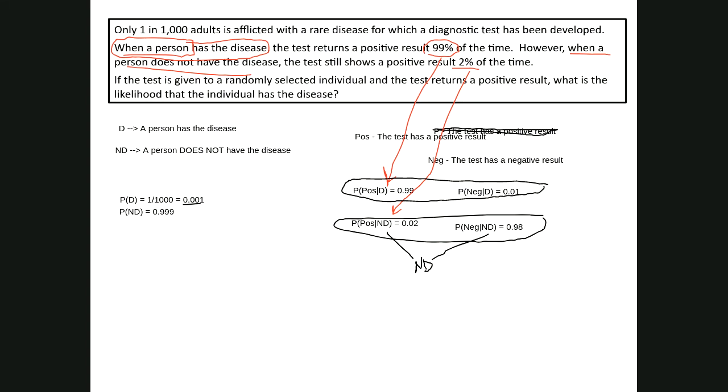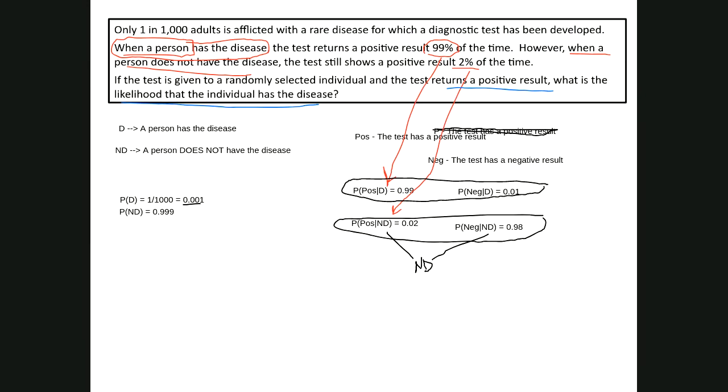All right. So now we're going to ask ourselves, how are we going to use this to answer the question? Because what do we want to calculate? And let me change colors here, because it says if the test is given randomly to an individual and given that the test is positive, what is the chance that the individual has the disease?